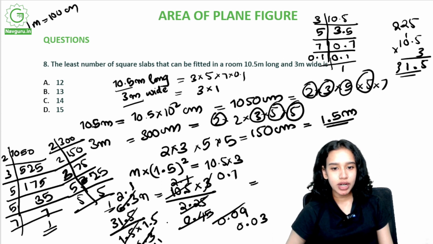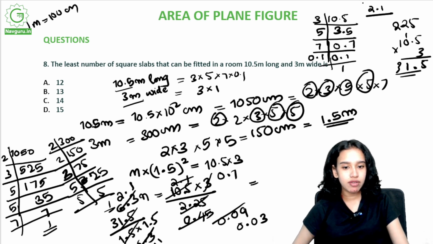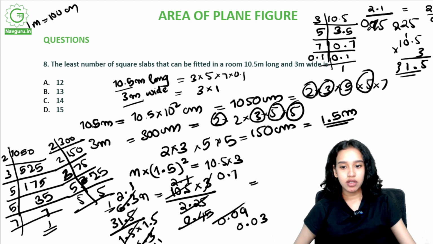So we have 2.1 divided by what is 1.5 into 0.1? We get 0.15, right? Now let's cancel this out. We have 2.1 by 0.15.